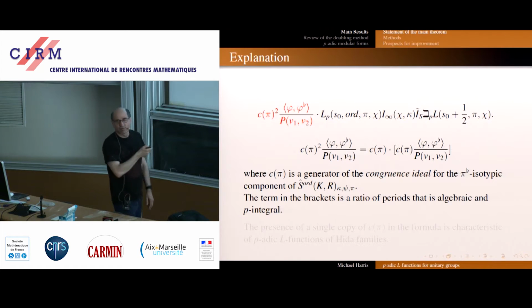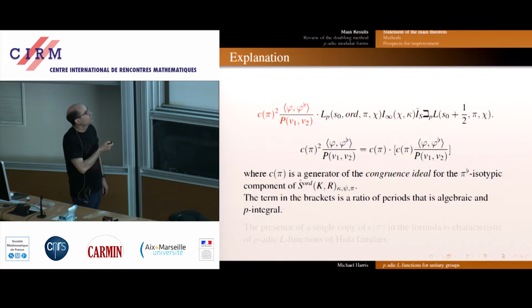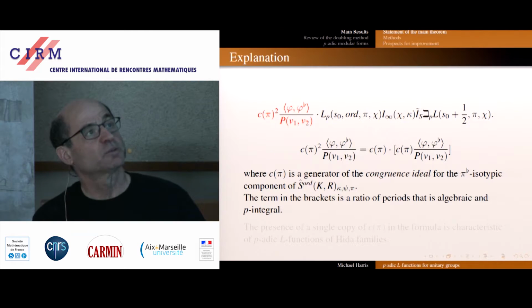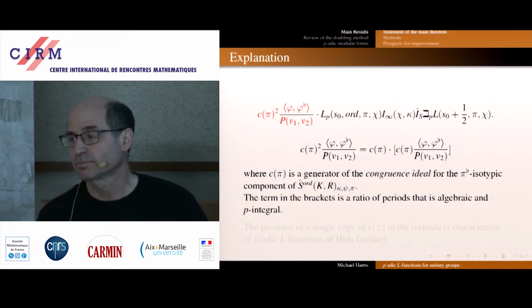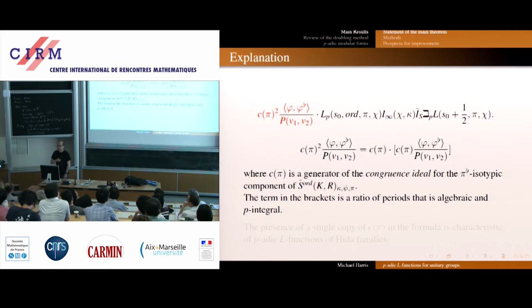So when I said that the statement that there is a unique function is a lie, I mean this. There is no canonical way to normalize these things. So the product is canonical, but when you write it in this way, you've made some choices. Right. And this is also a standard issue in Hida theory, that there's no canonical way to normalize.